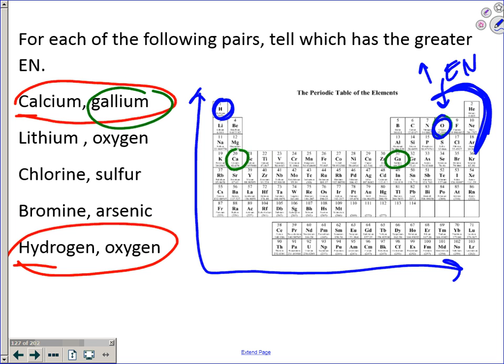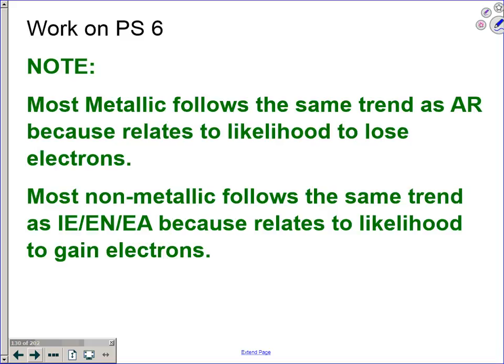All right, let's go through some problem set 6 stuff. Okay, you guys have a problem set 6? You're supposed to start it. This information will help you with the most metallic and most non-metallic aspects. I'm going to give you guys just a couple minutes there. You might want to write some of this down if you need to, or just take a picture. It's going to be useful for that table. Do you want me to pull up problem set 6? Yeah.